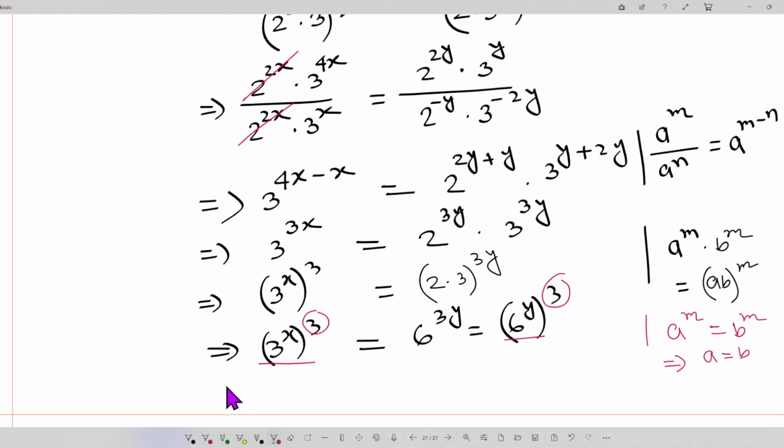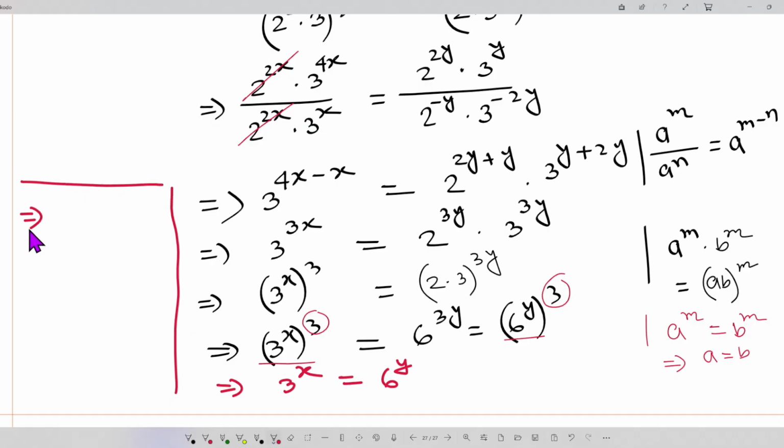So here we can write 3 to the power x equals 6 to the power y. Now we can write in here 3 to the power x equals 6 to the power y. We can make power both sides by 1 by y.